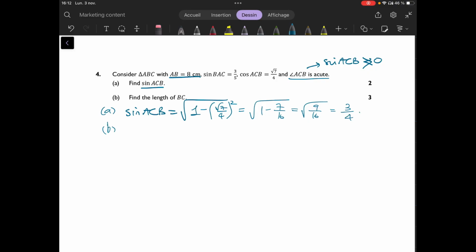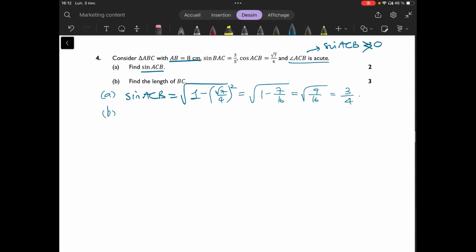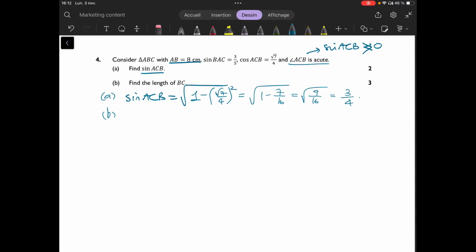Part B. Find the length of BC. It seems like we should use the sine rule here. But let's just quickly sketch out our triangle. AB is 8 centimeters long. BC is to be determined. We are given sine of BAC, and we are given sine of ACB.